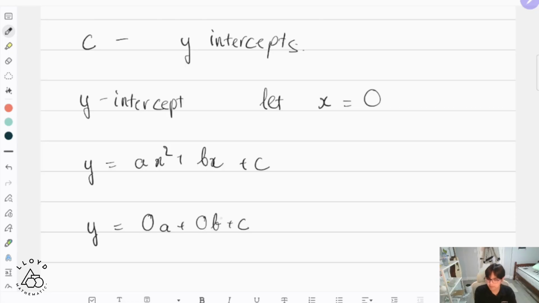So the a term and the b term just become 0, and we are left with y equals c, right? So that is why c is also called the y-intercept.